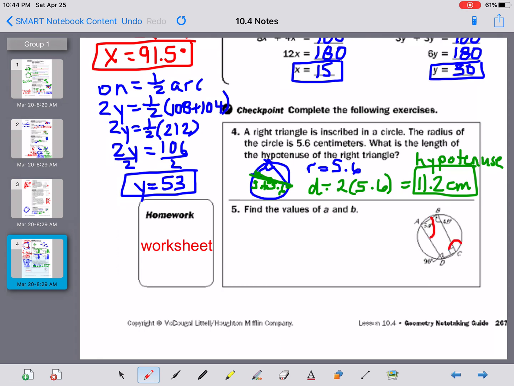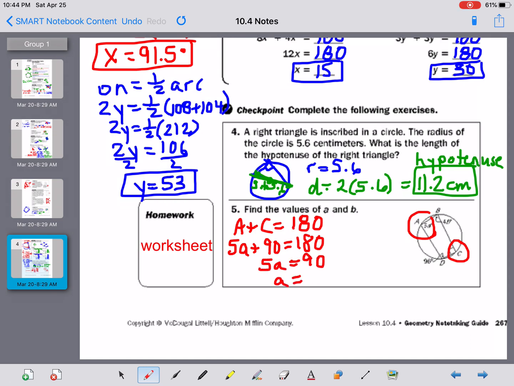So I know that A plus C should equal 180. A is 5A. C, we already know its measure is 90. And I'm solving here for A. Subtract my 90. 5A equals 90. Divide by 5. And A equals 18.